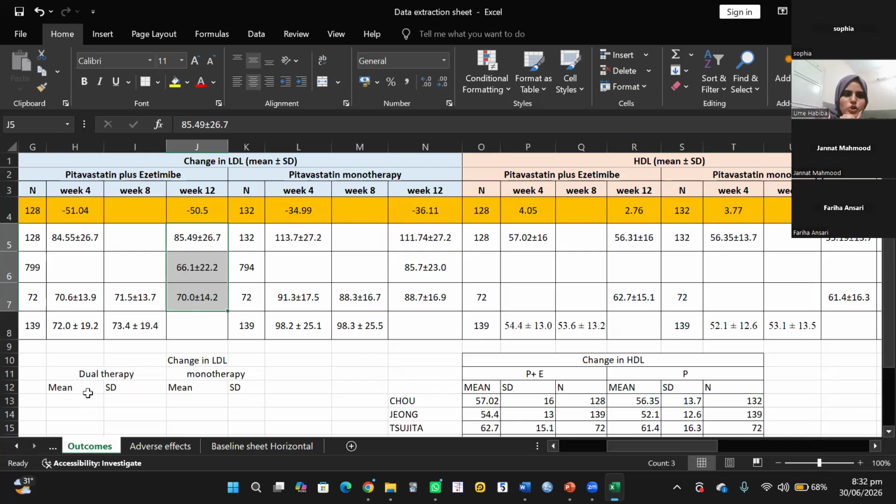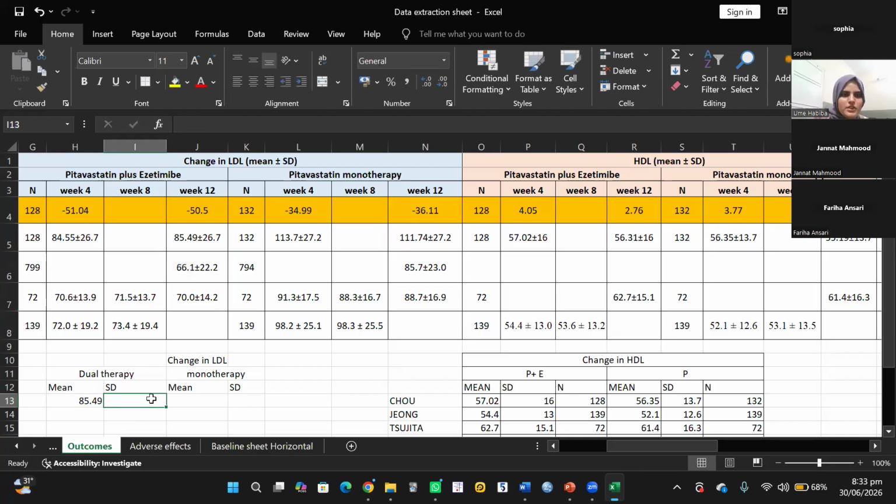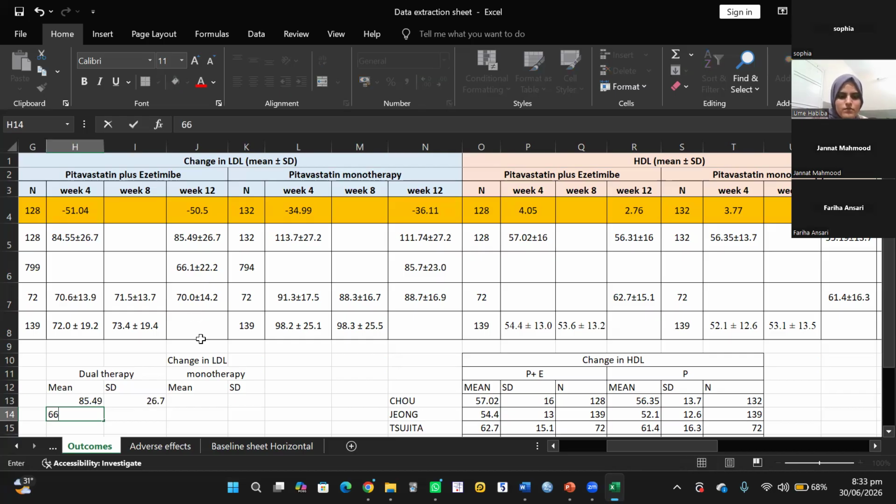I'm going to just copy paste these values now. What is the mean here? 85.49. And what's its standard deviation? 26.7. Here, 66.1, and its standard deviation is 22.2.